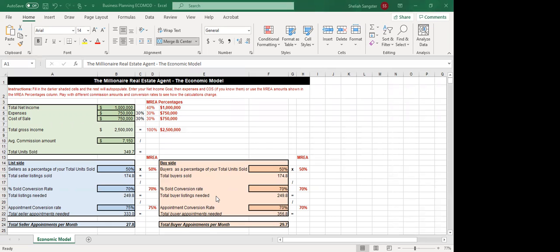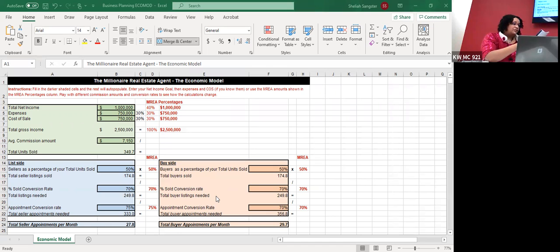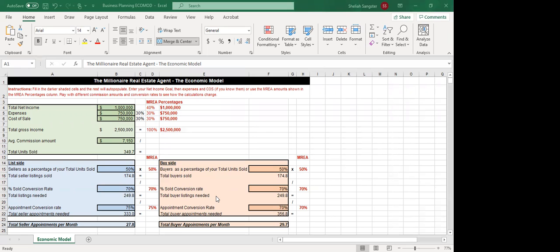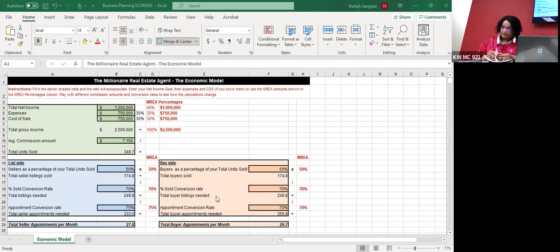So it's just a gauge, and it's very important that you track and know these numbers so that you can become that millionaire real estate agent. So let's turn the page.